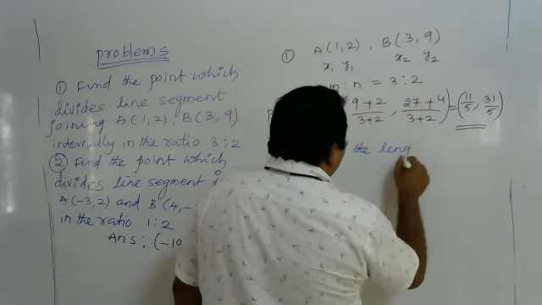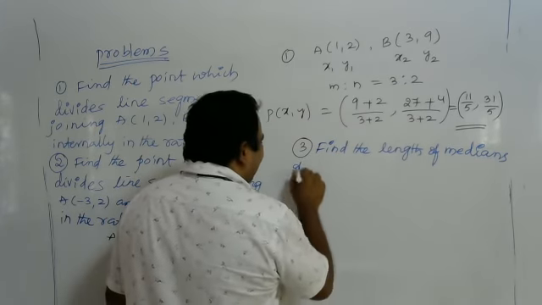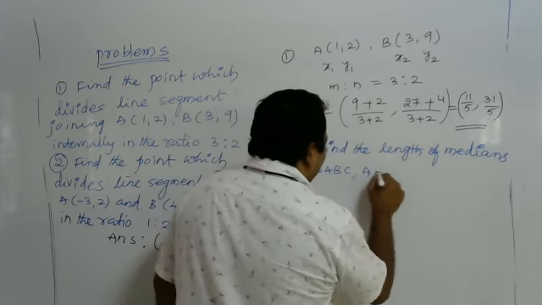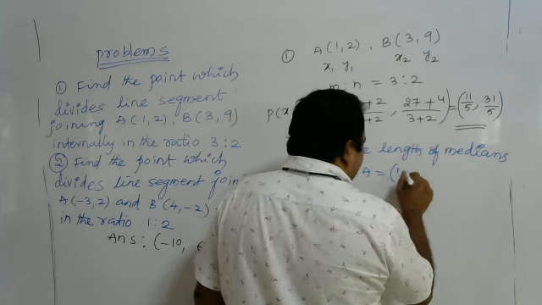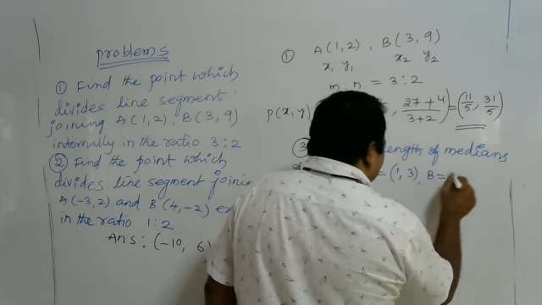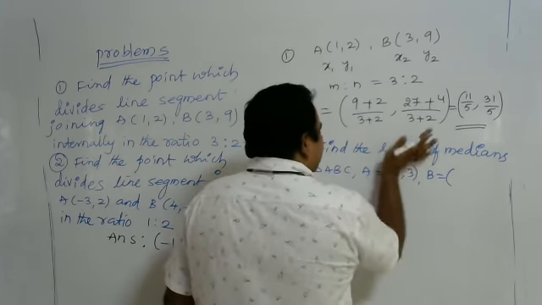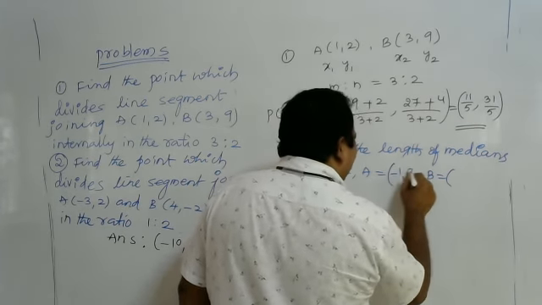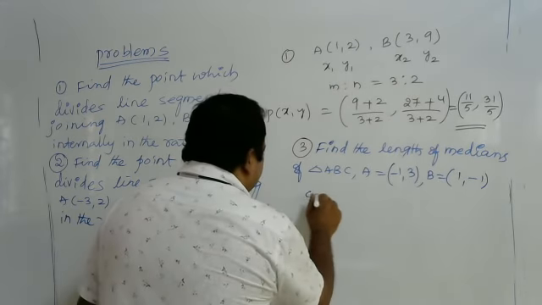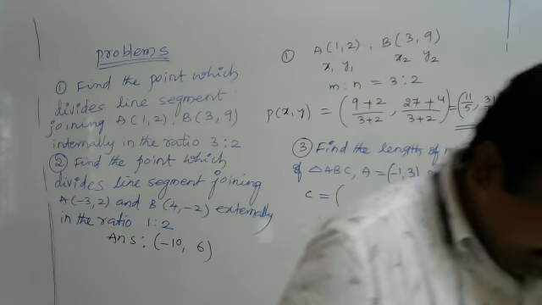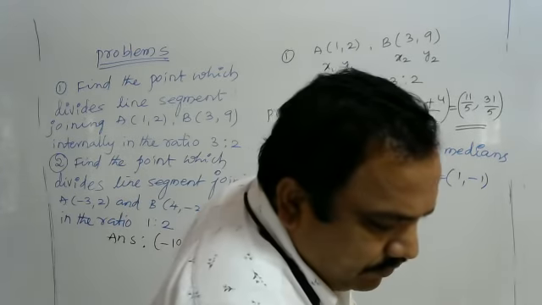Find the lengths of medians of triangle ABC, where A is given as minus 1 comma 3, B is given as 1 comma minus 1, and C is given as 5 comma 1.